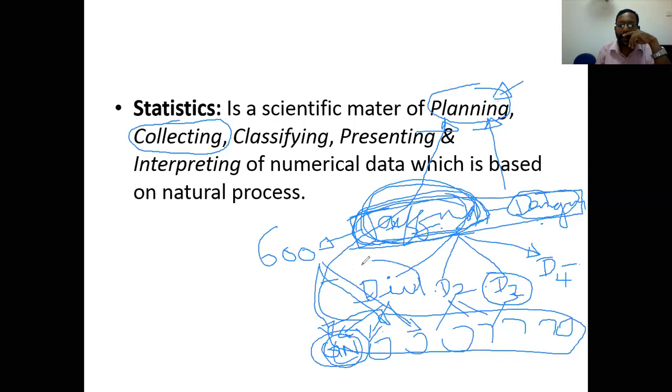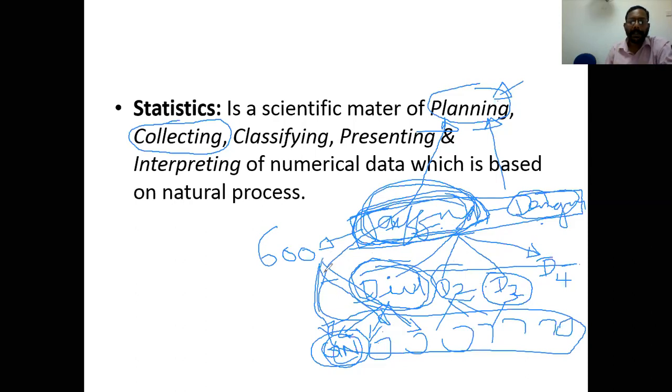If I am going to take all 600 from division 1, am I doing a good job? All are sleeping after lunch? No, sir. So it is not a good idea to take all 600 samples from one division or two divisions. This sample has to be across all the divisions, isn't it? Then only can I do a better study.